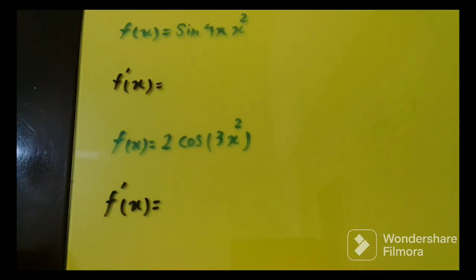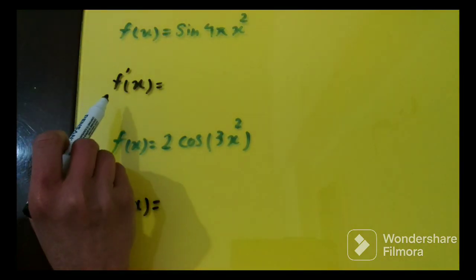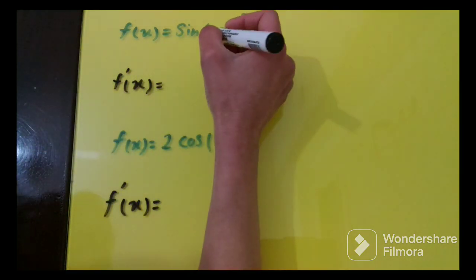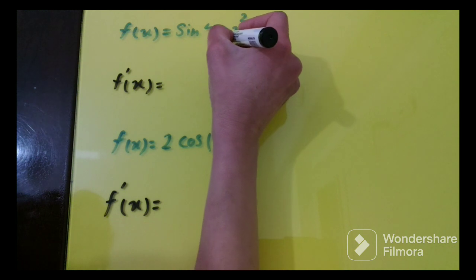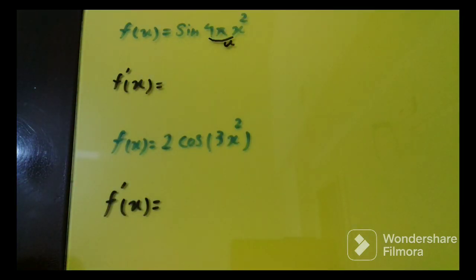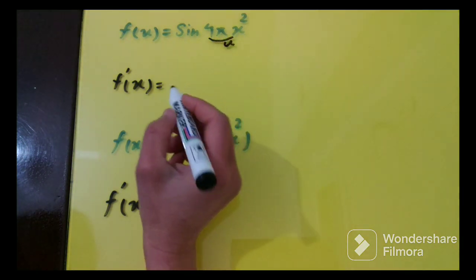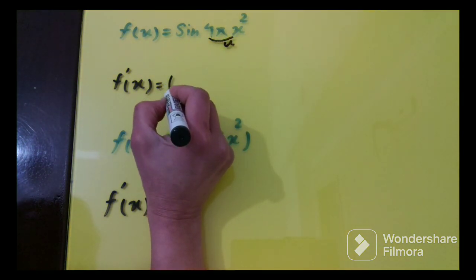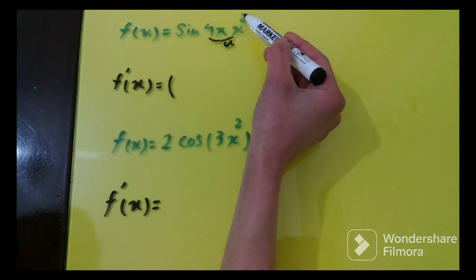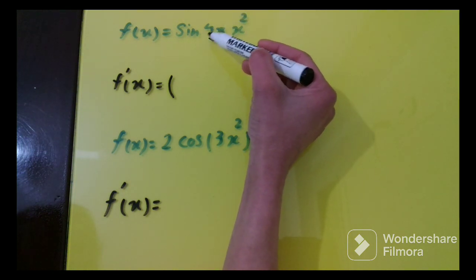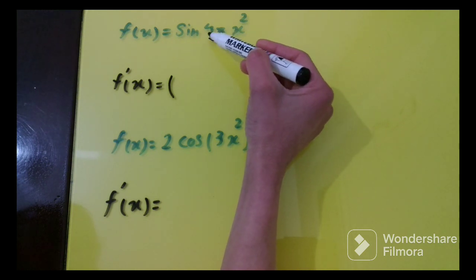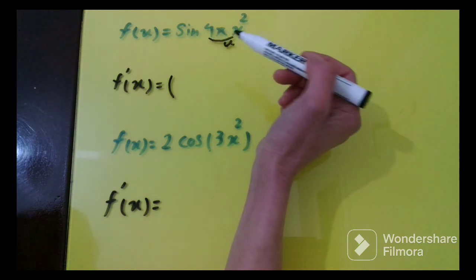Okay guys, in this example, we should get the derivative of this function. According to the formula, this term is u. First, we should get the derivative of u. According to the power rule, you should bring the power down and multiply it by the coefficient and put it next to the x.